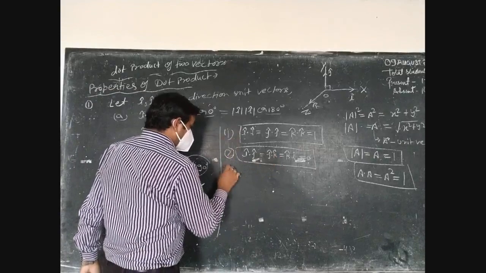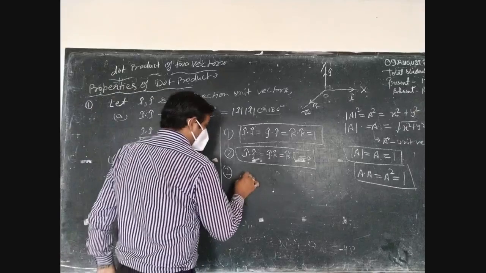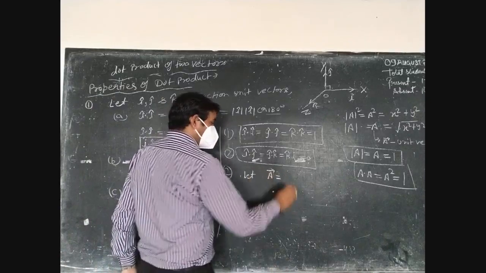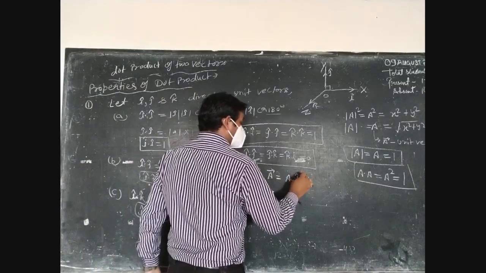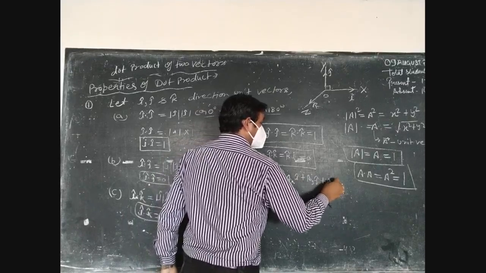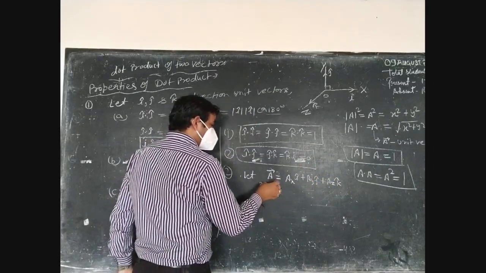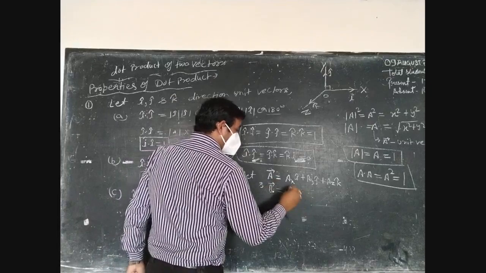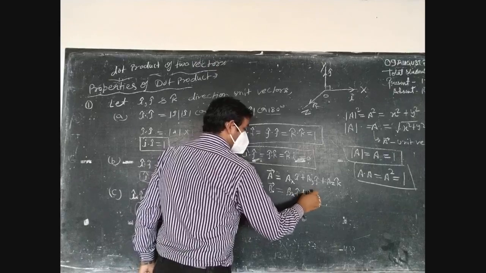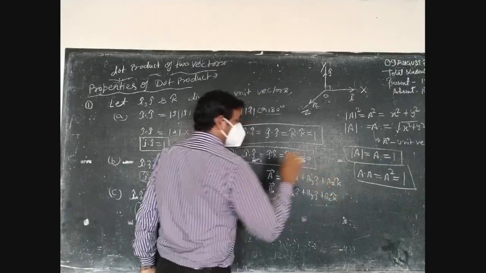Now, the second case is the product of two vectors. Let's say we have two vectors, vector A which is given by ax i cap, ay j cap and az k cap, and the other vector, vector B, is given by bx i cap, by j cap and bz k cap.